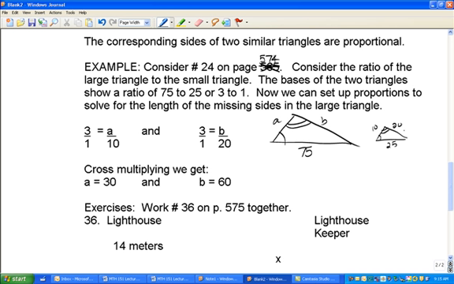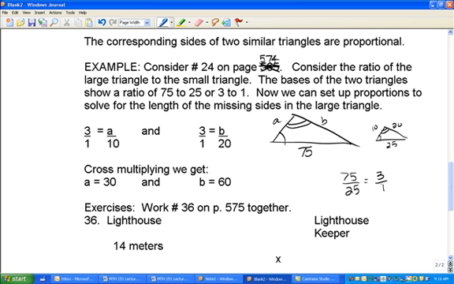So what we do is we look at the ratio of 75 to 25. Note that we could reduce that to a ratio of 3 to 1. So, excuse me, the base of the large triangle is 3 times as long as the base of the small triangle.